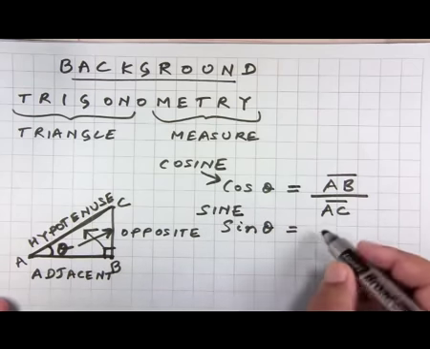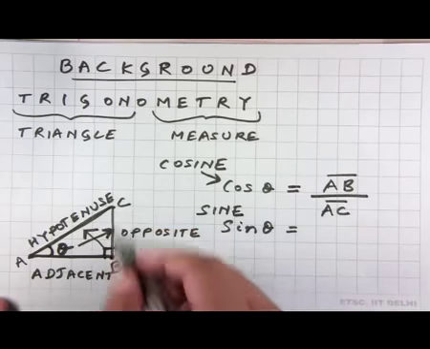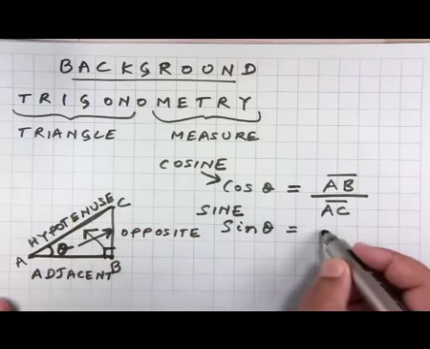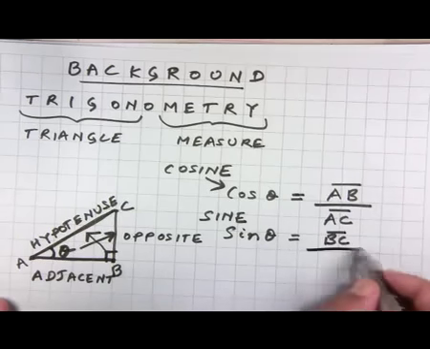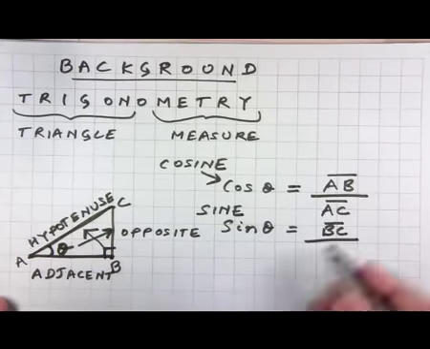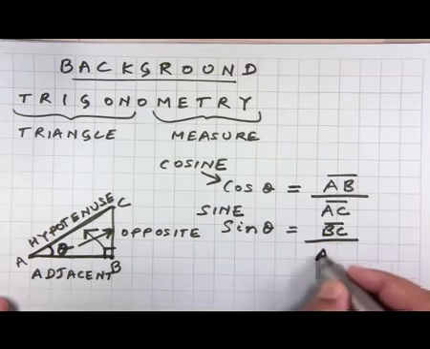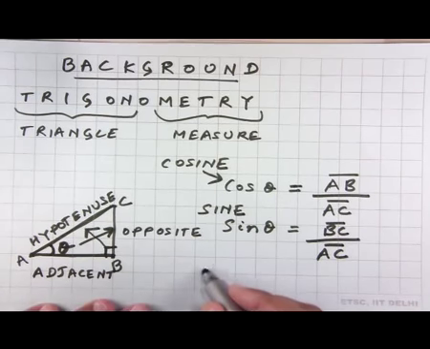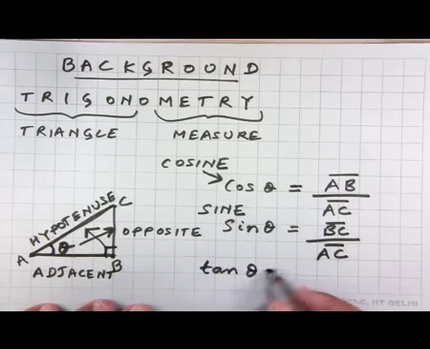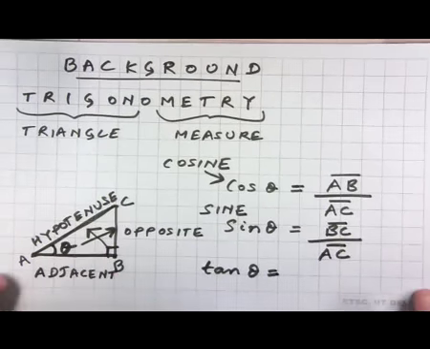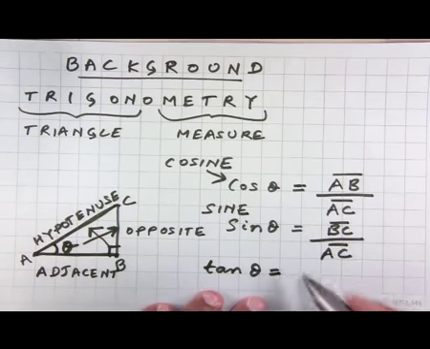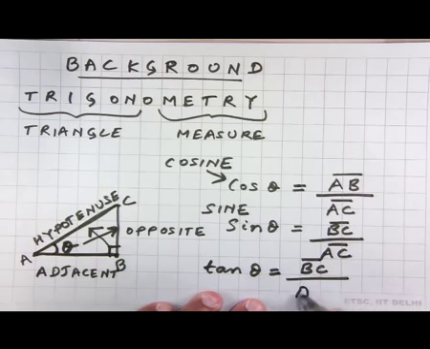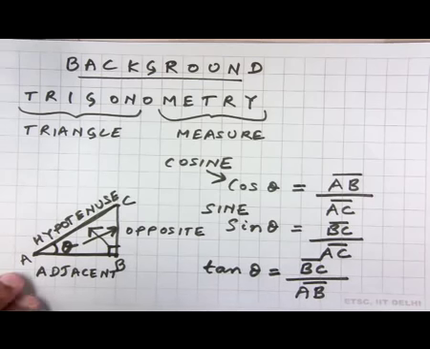Sin theta is equal to the length of the opposite side, which in this case is the line segment B C, divided by the length of the hypotenuse, which is A C. And then finally, tan theta, which is the tangent of this angle theta, is equal to the length of the opposite side, which is B C, upon the length of the adjacent side. So, this is already what has been studied by you.